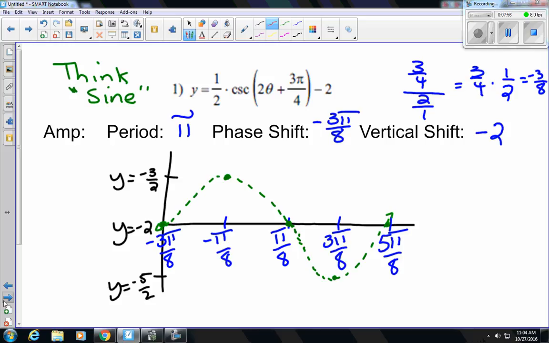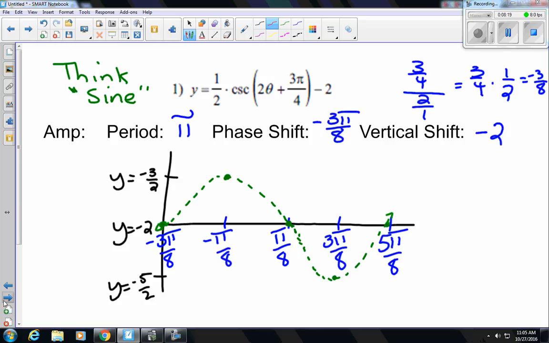Can you anticipate any place on here that might give you an answer that would be undefined for cosecant? If cosecant is the reciprocal of sine, and sine is y over r, then the reciprocal would be r over y.